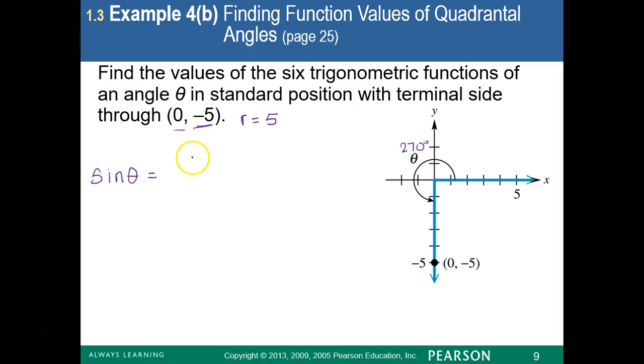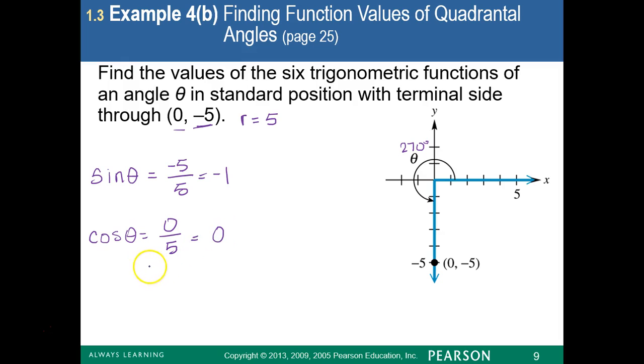So sine theta, y over r, so negative 5 over 5. That's negative 1. Cosine is x over r, so 0 over 5.